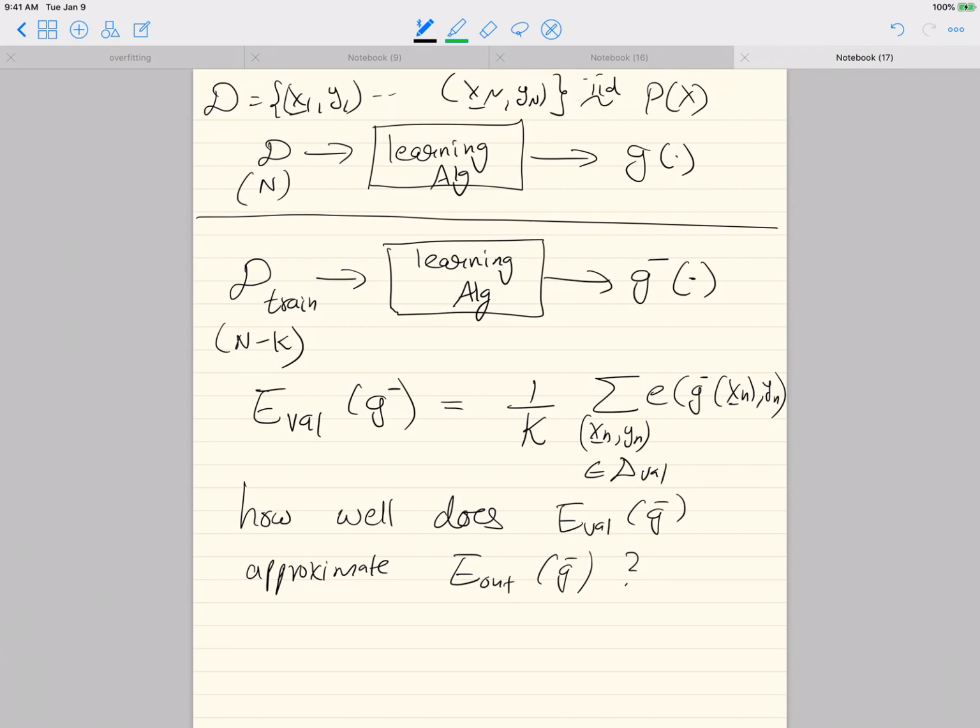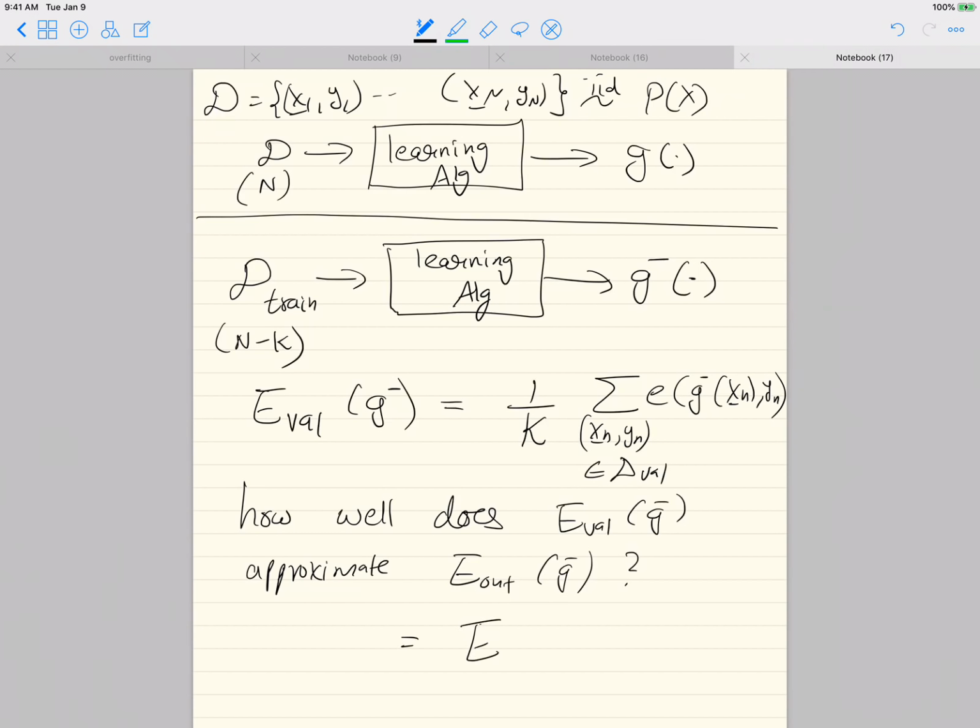So now what I'm doing is I'm going to use the first n minus k points, say, put them in the training set, and obtain the output G minus. The remaining k points I'm going to use for validation. So I'm going to average the loss over these remaining k points, which were never used in training. And now I'm going to try to estimate the test error, which we defined on the previous slide.